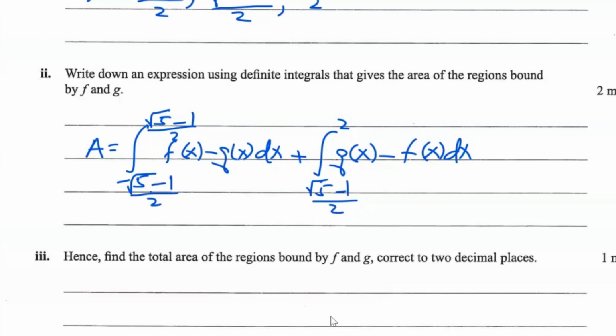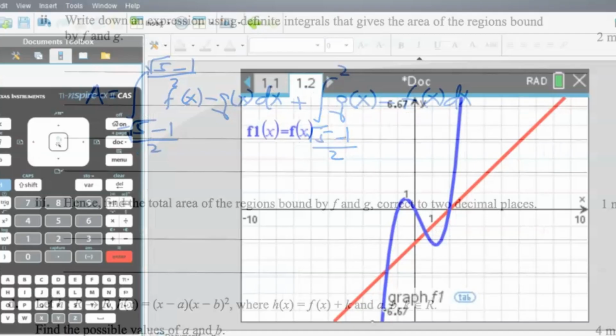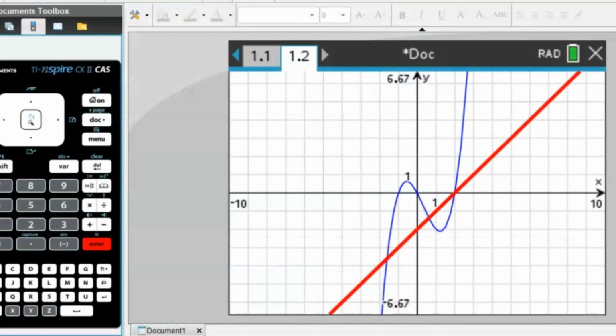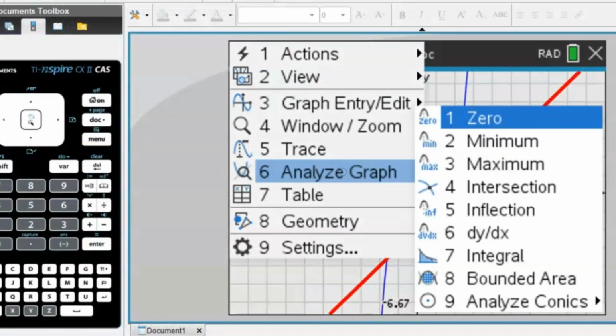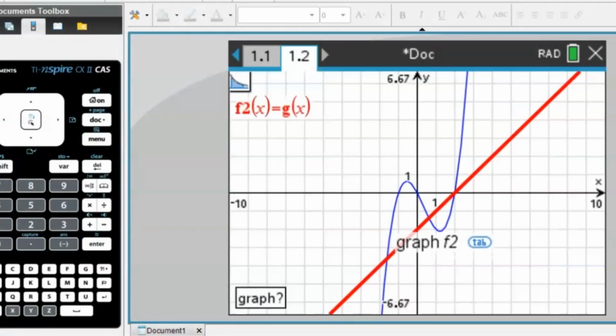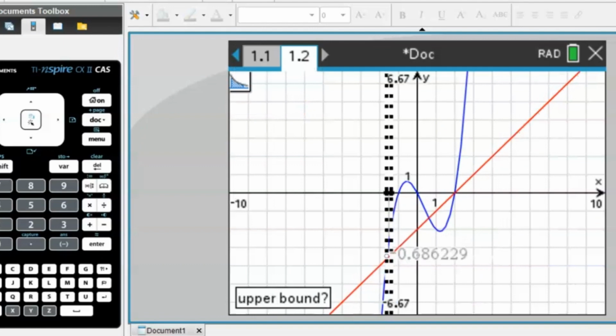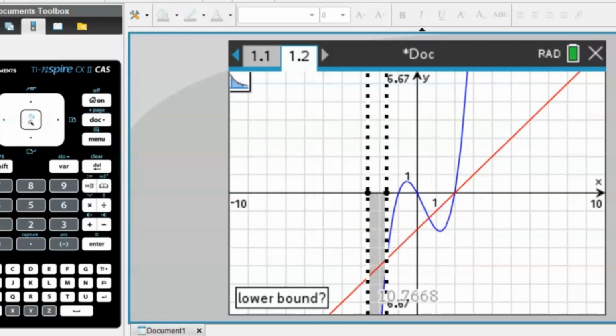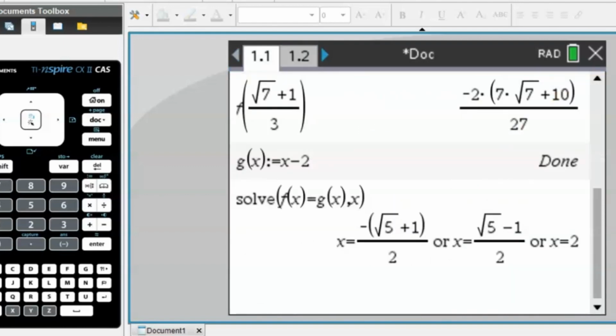Then hence find the area of the regions bound by f and g, correct to two decimal places. So this bit there. We could actually use this integral, but again, it's better we use integration, much easier.